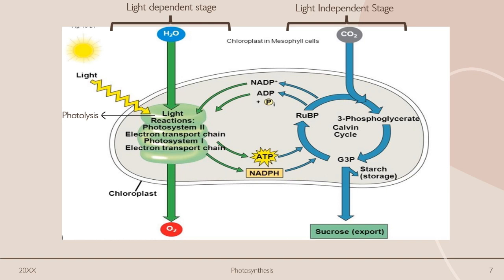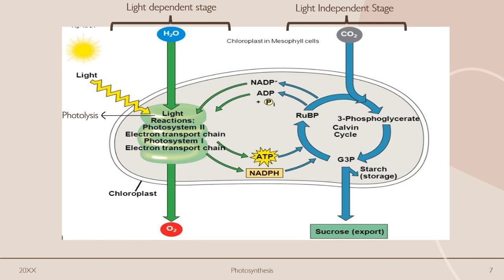When light is falling on the grana, water is splitting up. Photo means light, and lysis means breakdown. So photolysis is the breakdown of water with the use of light. Water is broken down into hydrogen, oxygen, and electrons.